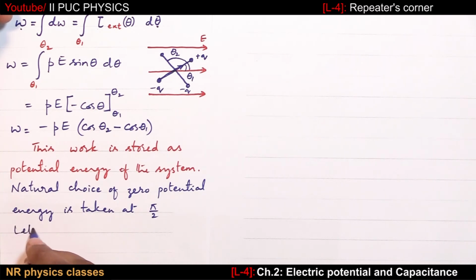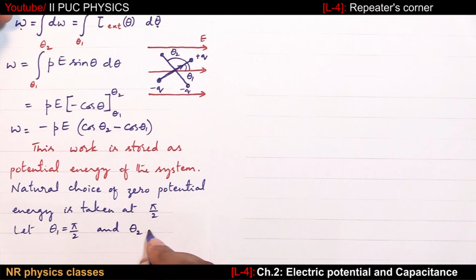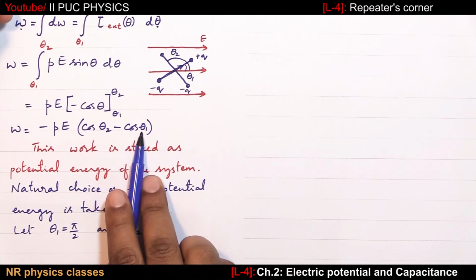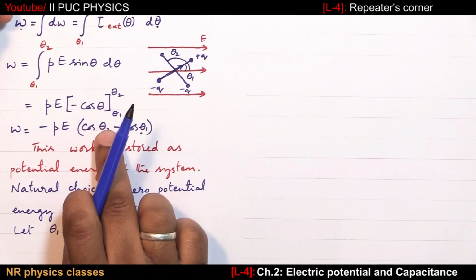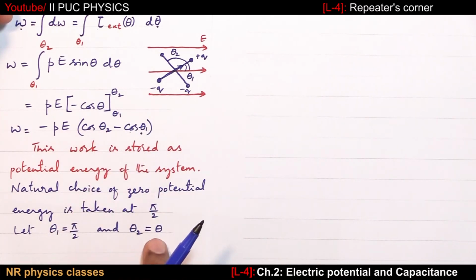Now let theta 1 be equal to pi by 2 and theta 2 equal to theta. If theta 1 is pi by 2, then cos pi by 2 is 0. If this term is 0, then this theta 2 is replaced by just theta.